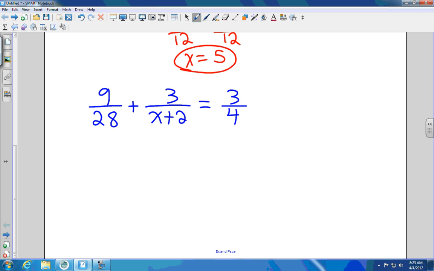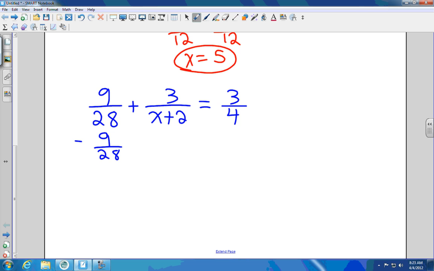Remember, we're getting x by itself. Subtract what? Exactly. So if our goal is to get this by itself, we just move the stuff over that we don't want. And this 9 over 28, is there any variable in there? Or the 3/4? You can subtract those fractions.